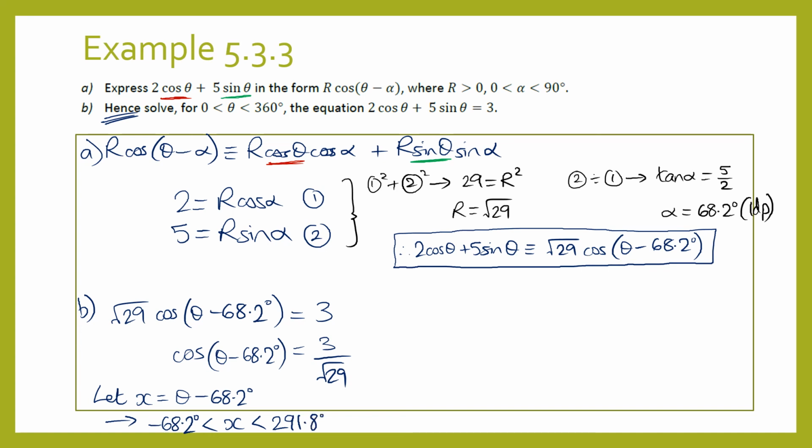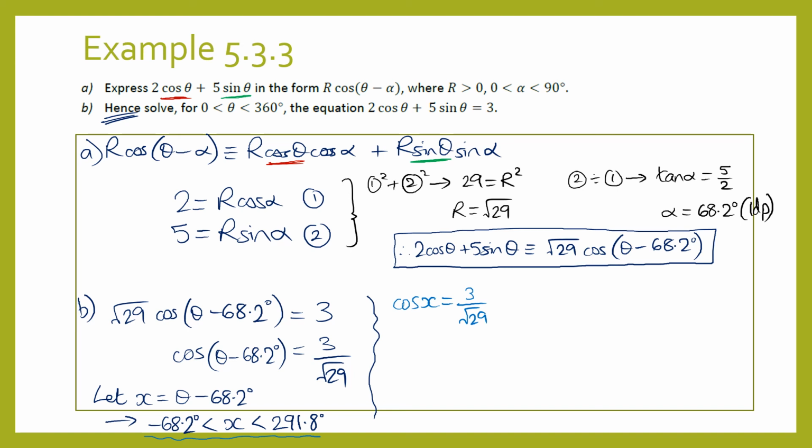Again, they're rounded, but I'm storing the unrounded version on my calculator. So now for part B, I'm going to solve cos x equals 3 over root 29 and get values for x between minus 68.2 and 291.8.